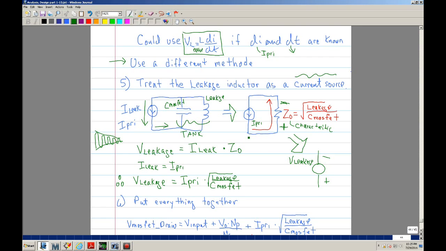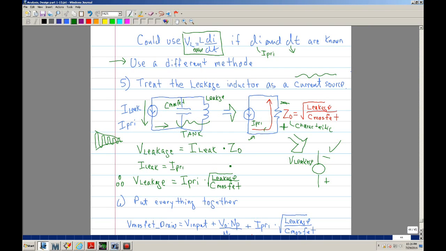So now you can make a little further simplification. Since you have current here, and that current is flowing through an impedance, then this becomes a voltage spike or a voltage source. So then this becomes a little voltage source. So now you can come up with an equation using that model. So you can say that the voltage leakage is actually I leakage, in other words the current going through the leakage inductor, times the impedance.